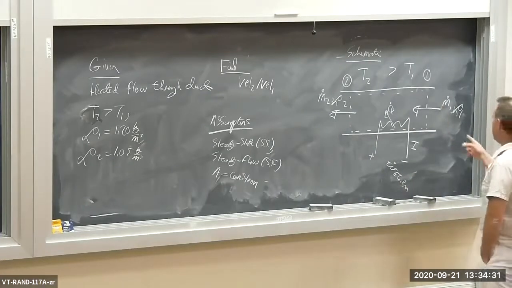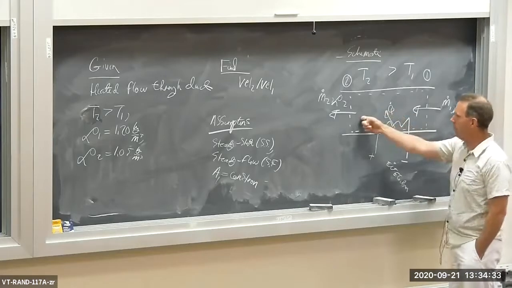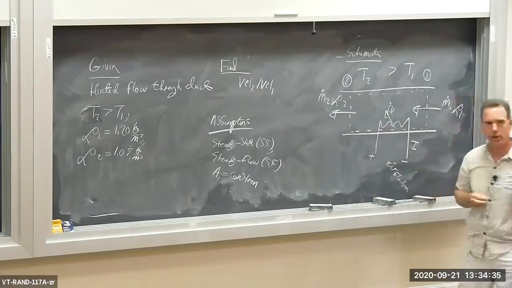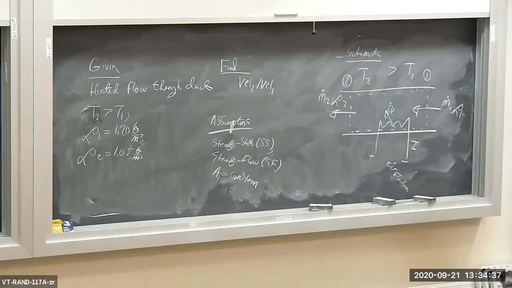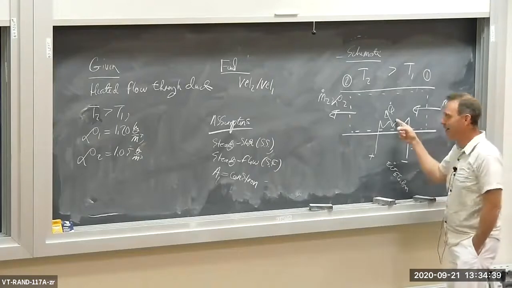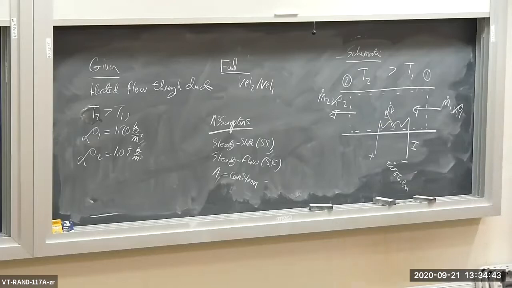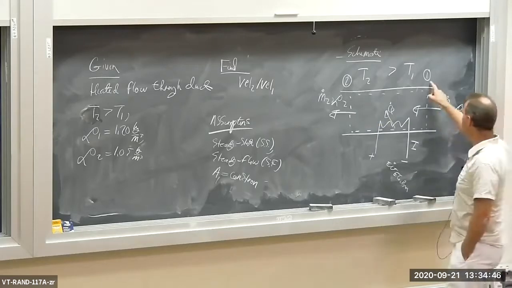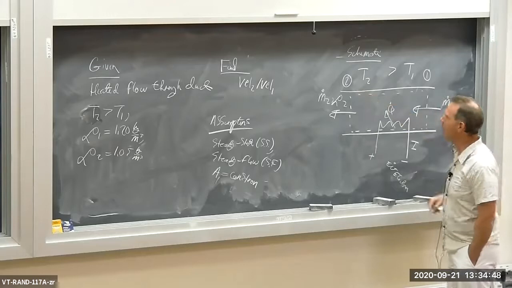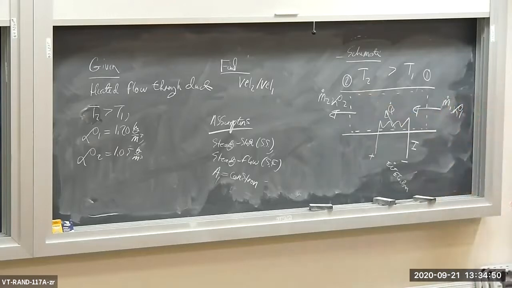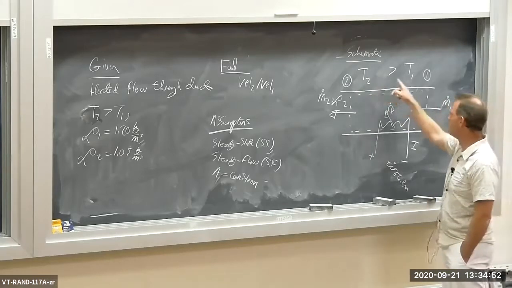The air enters on the right, passes over the heating element, and flows out on the left, gets heated. So if the inlet is location 1 and the outlet is location 2, the air gets heated, so T2 is greater than T1.